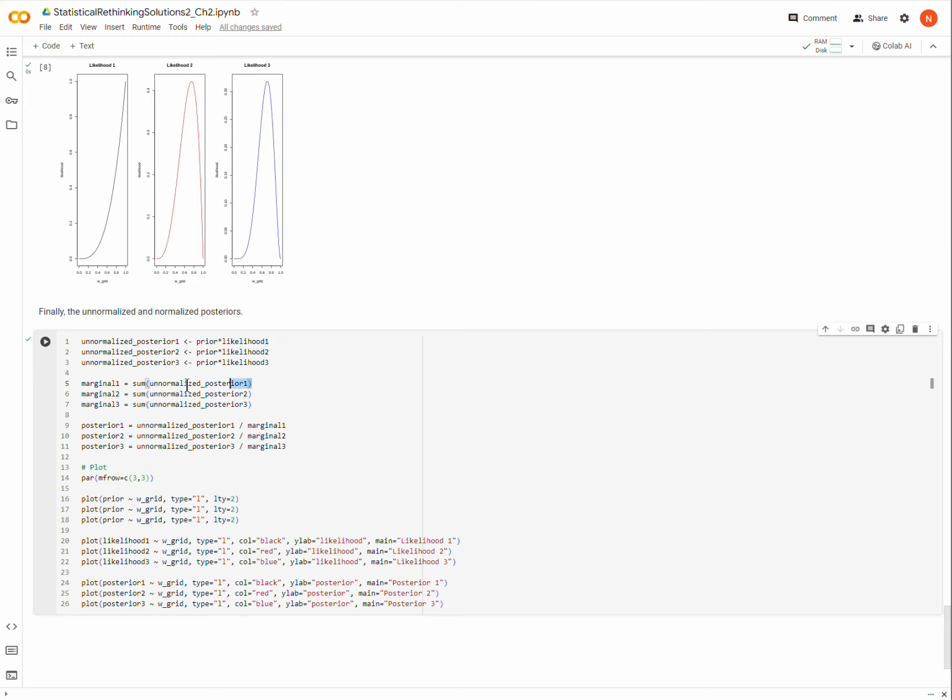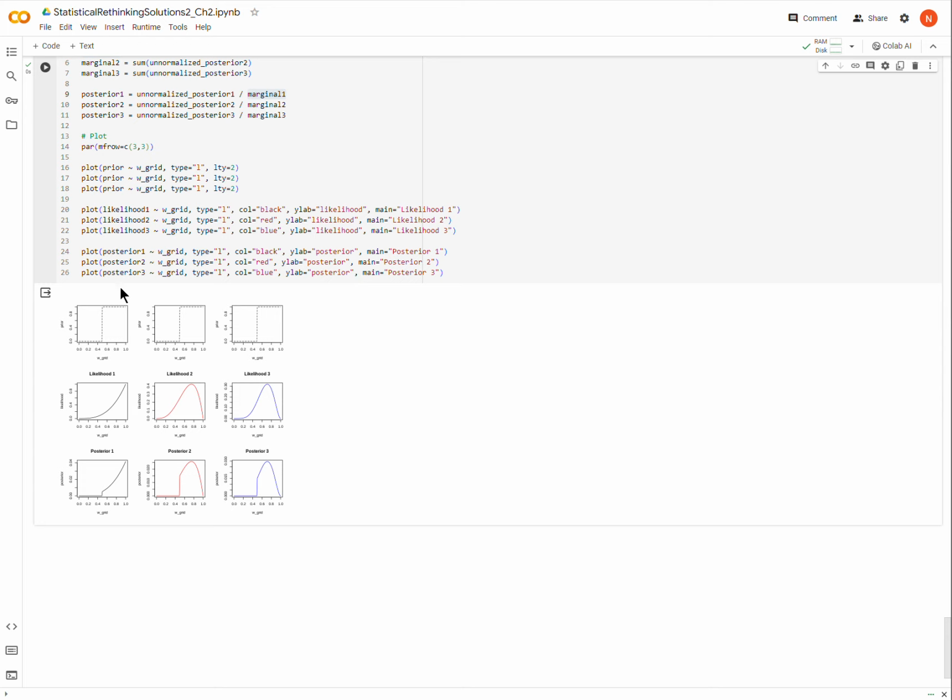So we have each of our sets of observations here. Going through this quickly, the top row is the priors, and the prior is the same for each set of observations: 0% prior probability when the proportion of water we're considering is less than 50%, and then an identical amount for values greater than or equal to 50%. Here are our likelihoods, exactly as we saw above. And then the posterior is simply combining the prior and the likelihood.